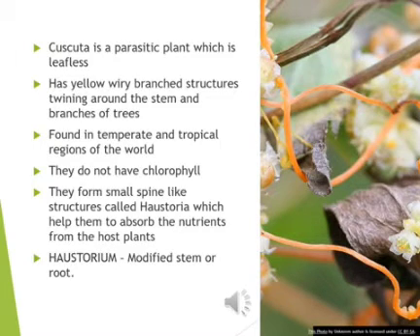These plants form spine-like structures called haustoria, which penetrate the tissues of the host and absorb the nutrients. So, the host plant is deprived of nutrients. Haustorium is the modified stem or root of this plant.